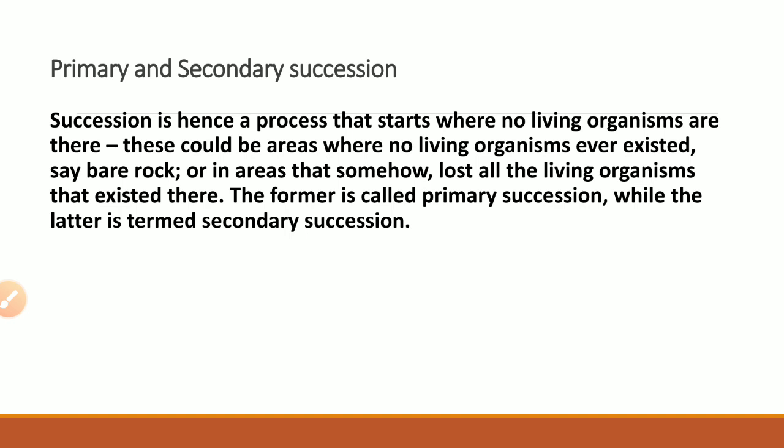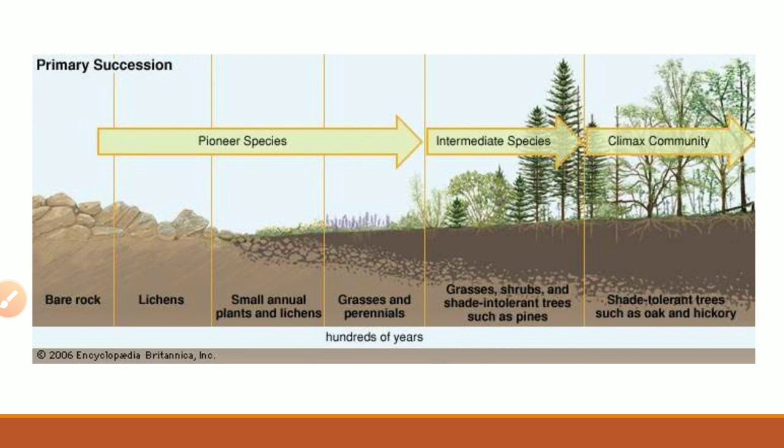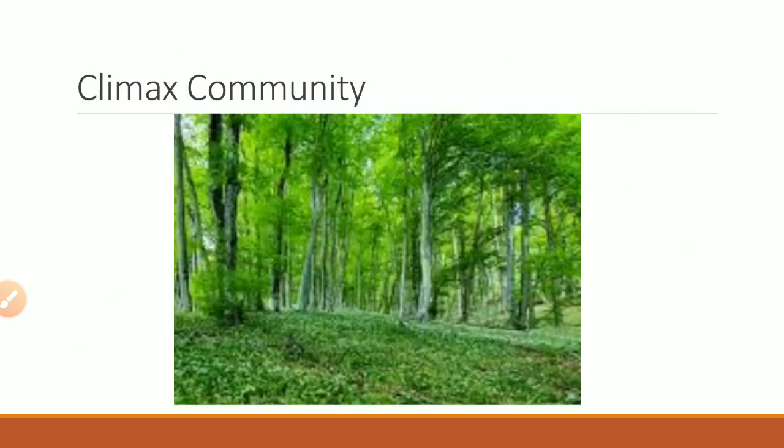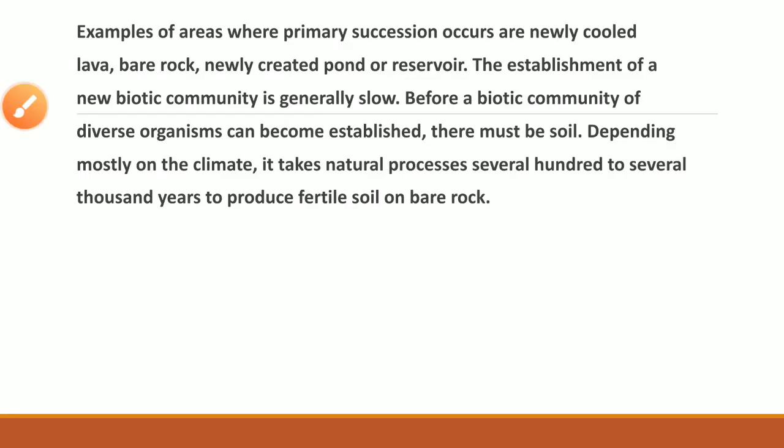On bare rock, it is called primary, and when the forest is destroyed, now there is soil, and if succession starts from that, it is called secondary succession. So this is all covered. This is how a climax community looks like. It is a well developed forest, basically a forest kind of community at the end. This is called climax community.